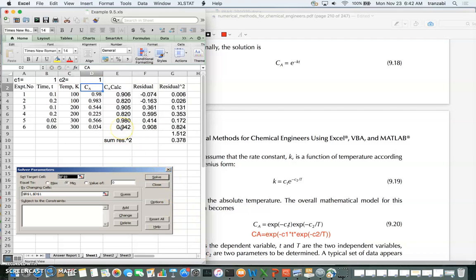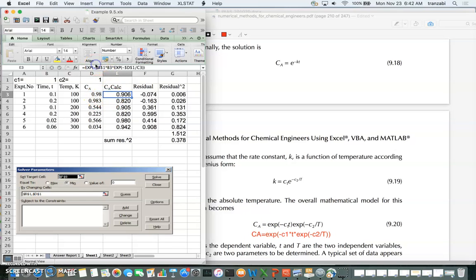Okay. And for every experiment, I have to calculate the concentration using the guess of C1, C2. So you plug in C1, C2, the time, and the temperature. For every experiment, you get the CA back. And that's what I do here.